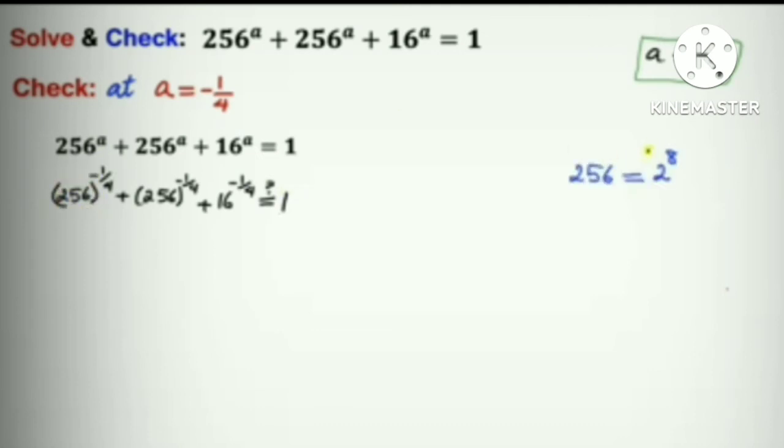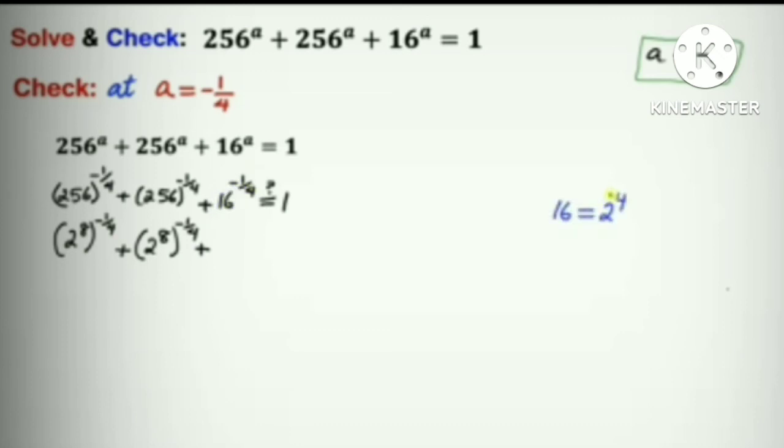And now let's focus on this base 256. And now we can see that 256 is equal to 2 power 8. If we multiply 2 eight times, we are going to get 256. So therefore, I'm going to replace this 256 by (2^8)^(-1/4) plus likewise (2^8)^(-1/4) plus, and now let's focus on this 16, and here 16 could be written as 2 power 4.